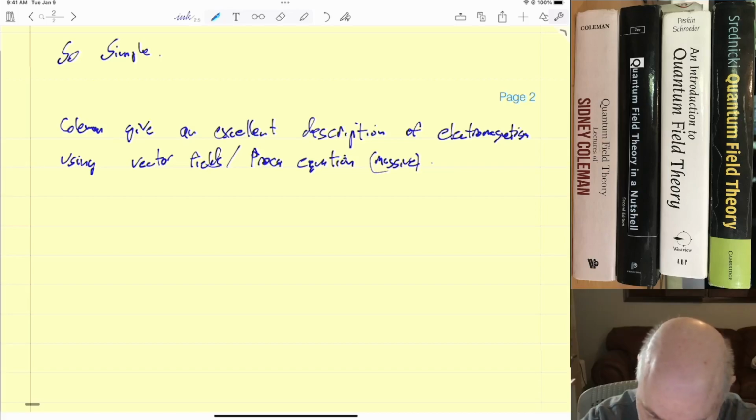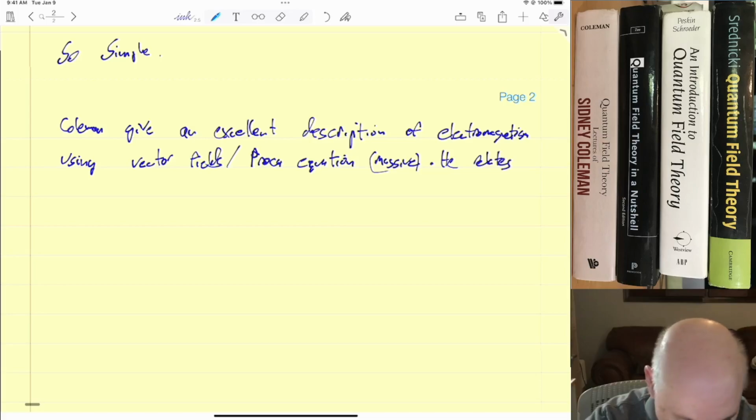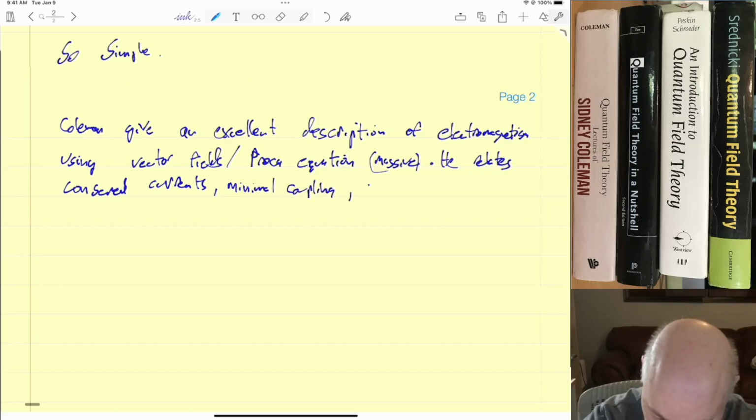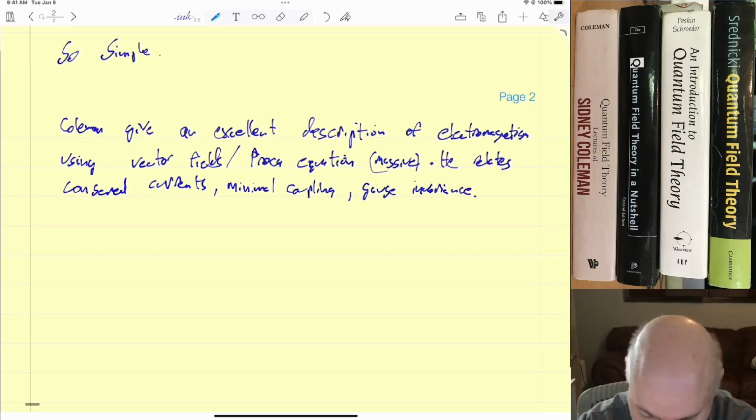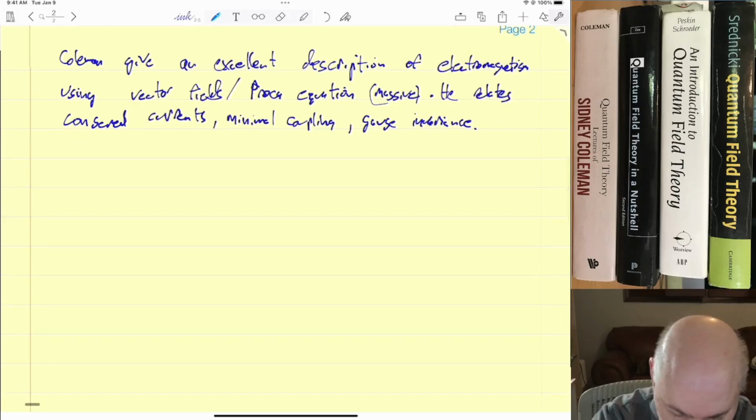And he relates everything, most books do this in some way, but he does it in a really elegant way. He relates conserved currents, minimal coupling, and gauge invariance. Now, I'm not going to have time to go through all that he does, but for instance, he talks about the Pauli term.